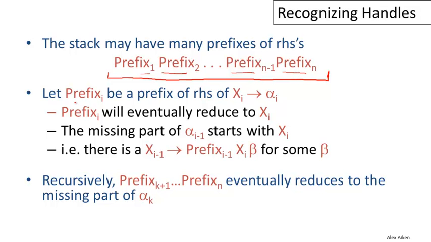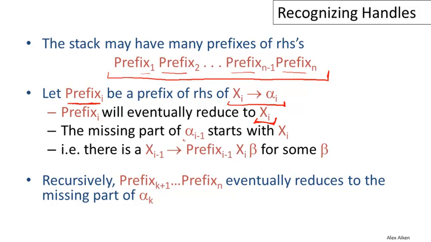And the ith prefix, if we were to pick a prefix out of this stack of prefixes, must be the prefix of the right-hand side of some production. And what that means is that that ith prefix on the stack will eventually reduce to the left-hand side of that production. So it'll eventually reduce to Xi in this case. And then that Xi has to be part of the missing suffix of the prefix that is below it on the stack.